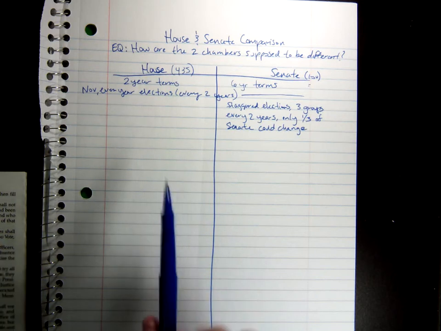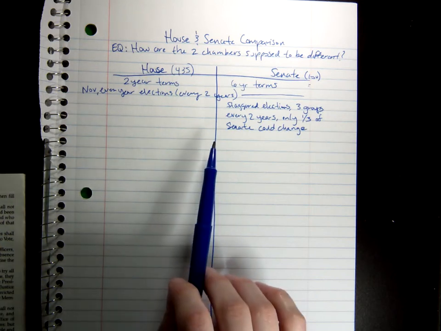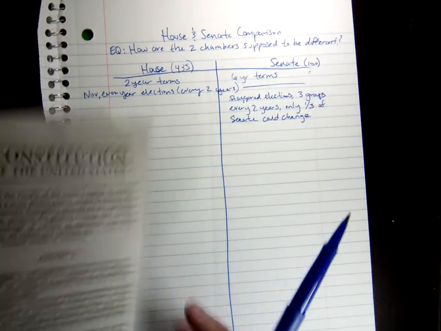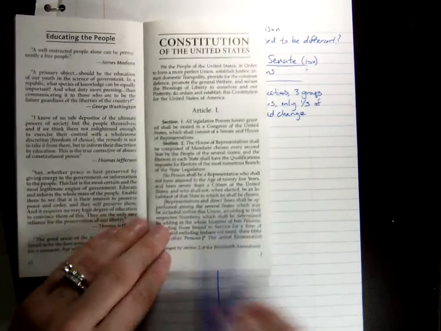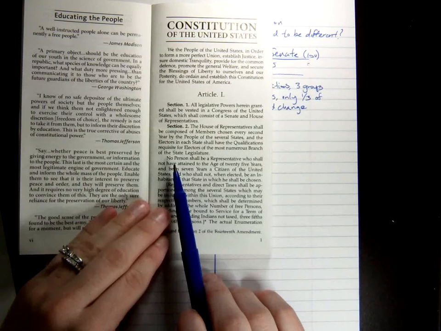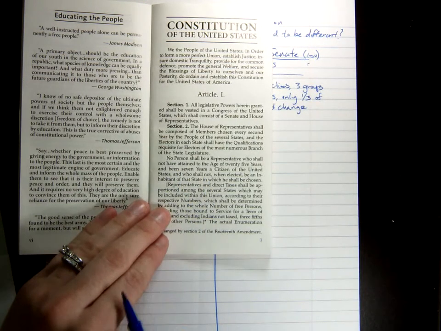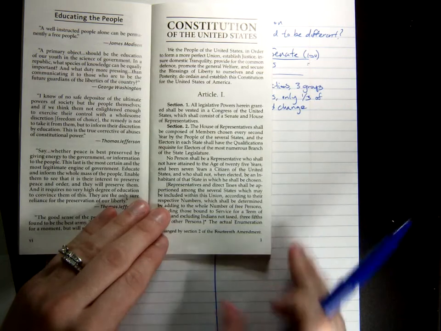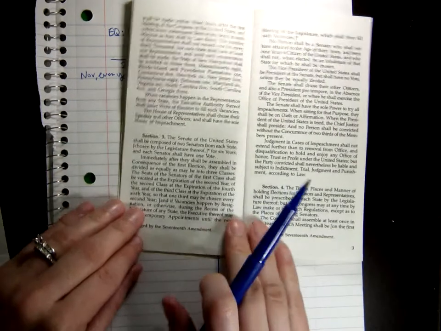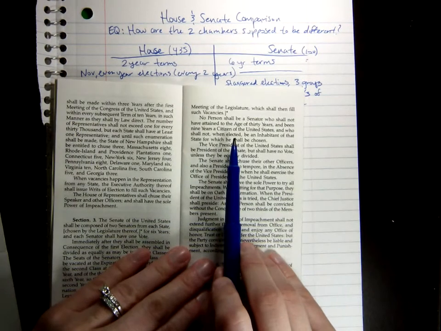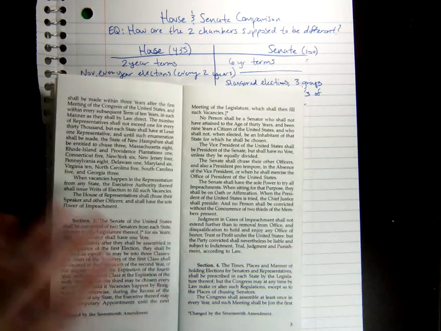Okay, so now let's go down to qualifications. There are 3 qualifications for both, and you'll find in the second paragraph of section 2 the 3 qualifications to be a representative, so you can read that, pause it. And here's the paragraph with the qualifications to be a senator. No person shall. Pause that there.